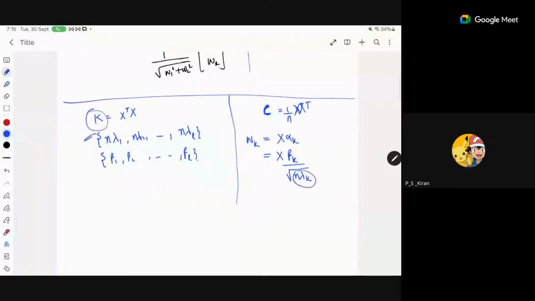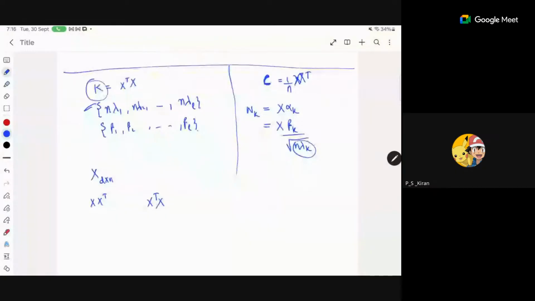So now once you have this data set X with you, what you can do is, instead of finding X X transpose, you do X transpose X. Since this will lie in n cross n dimension, and we have assumed that my D is quite large, then doing the eigen decomposition for this X transpose X is not going to be very difficult.